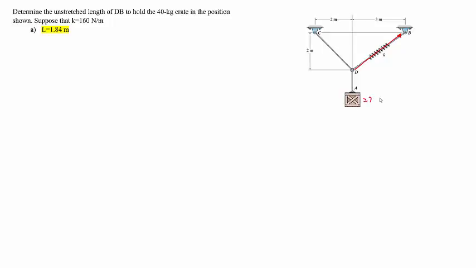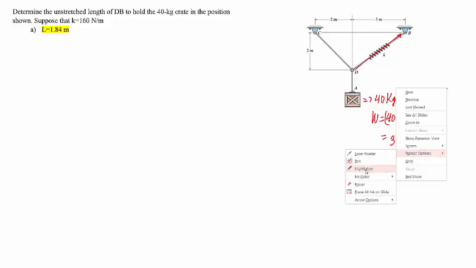So this crate is 40 kilograms, so the weight would be 40 kilograms times 9.8 meters per second squared, so that gives me 392 newtons. Okay, and there's several ways to solve this. I'll just solve it in one way and make sure that you know alternative ways of showing this.